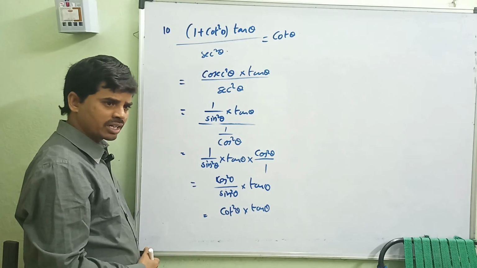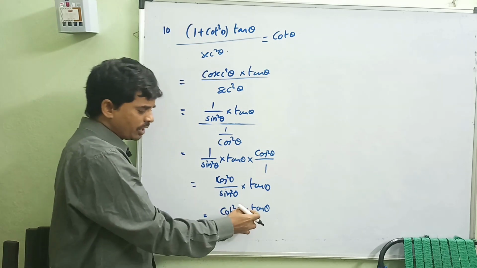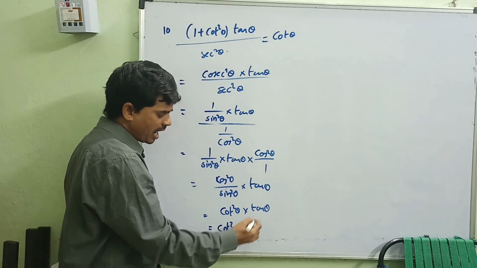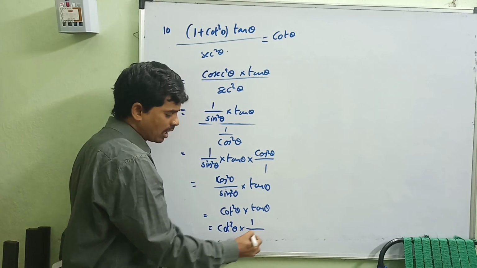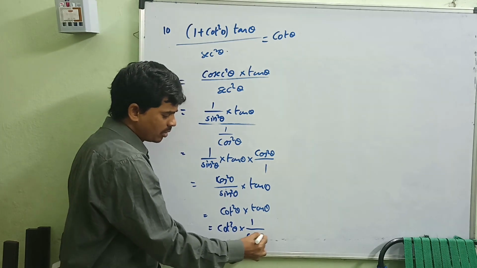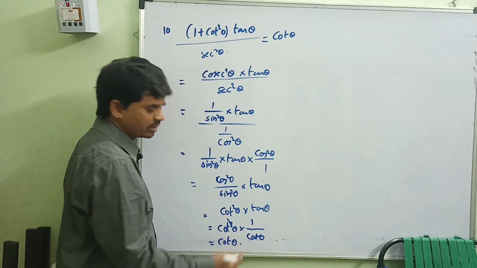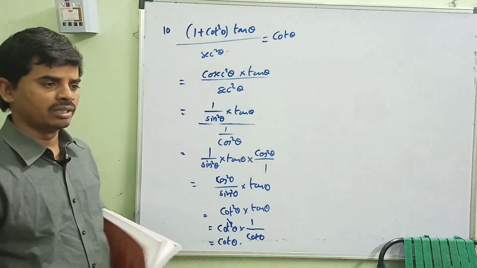Is there a chance to get cancellation? Yes. Cot square theta into tan theta, and we can write tan as 1 by cot theta. Cot theta and cot theta cancel. The answer is cot theta.